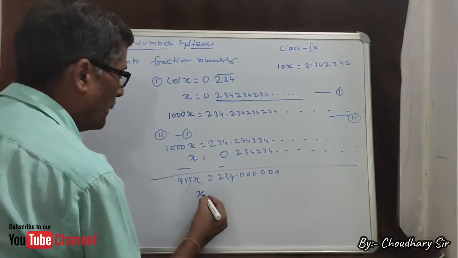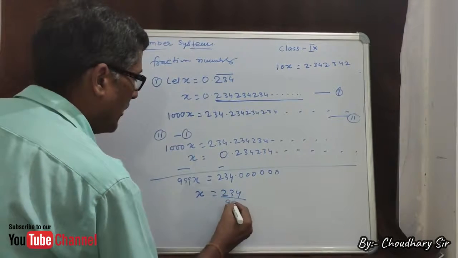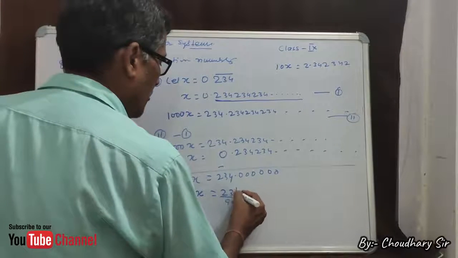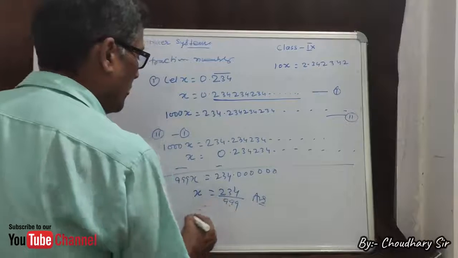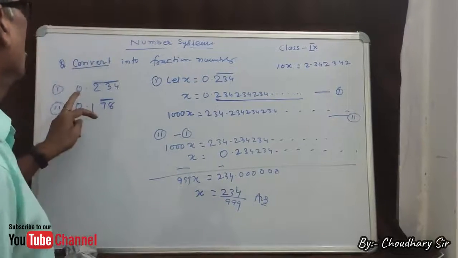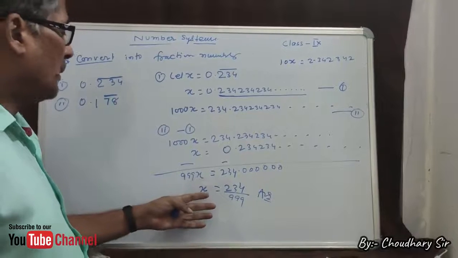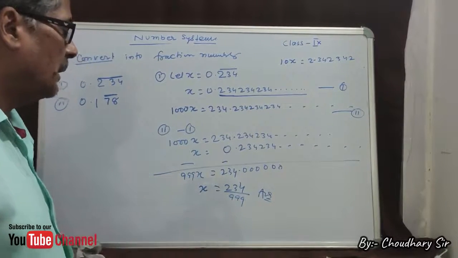So what will be x? x equals 234 divided by 999. So this is called a fractional number. So we can convert 0.234 with a bar into the fractional number 234 divided by 999.